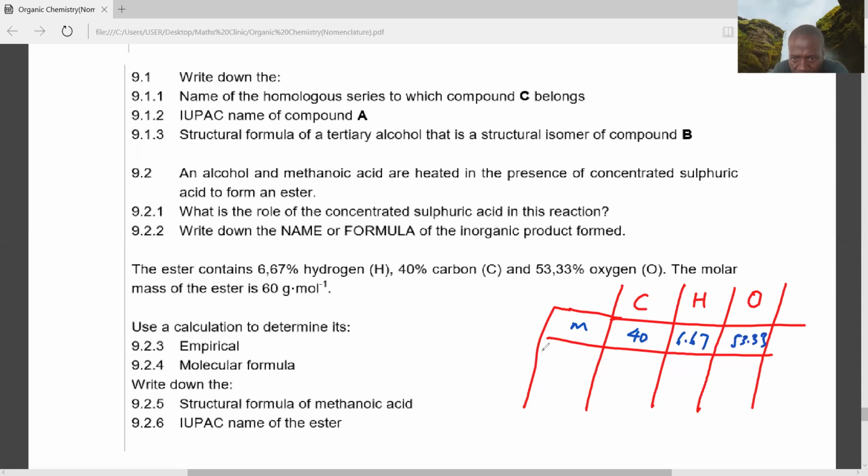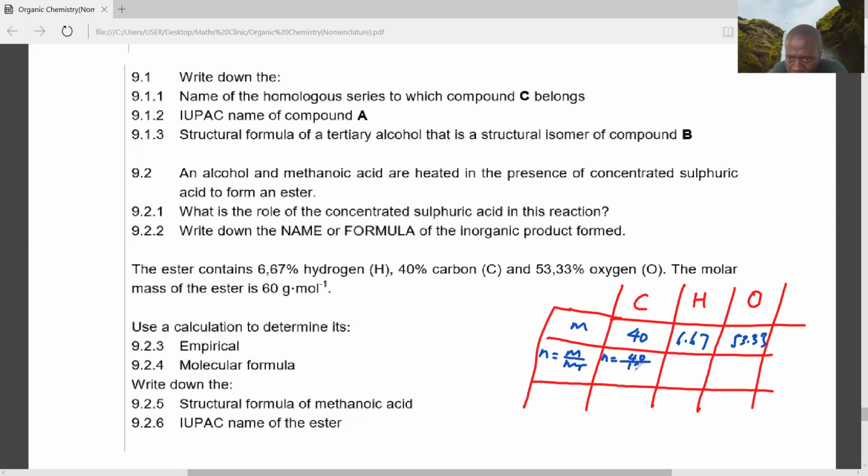The number of moles is mass over molar mass. For carbon, the mass is 40 and the molar mass is 12.